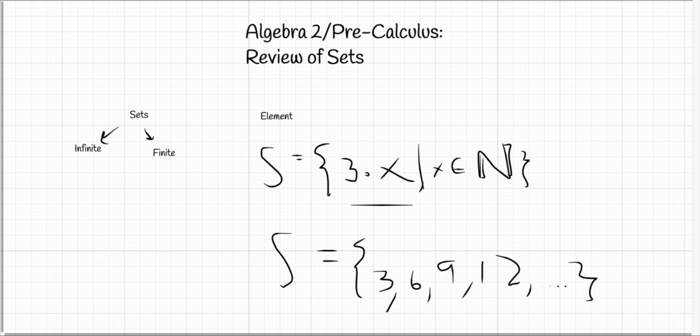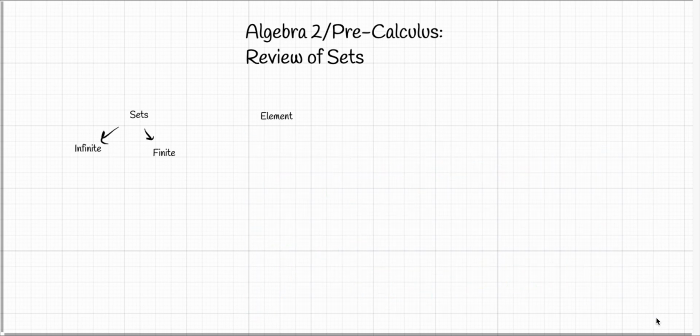Now there are a few more things related to sets. I can get rid of all of these, and I can also get rid of the element, and infinite and finite. There's something called a universal set U, and it basically contains all elements in the discussion. If we're talking about species of crows, then the universal set contains every single one of those species.